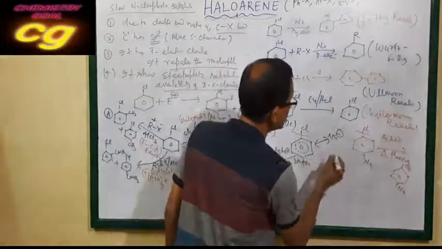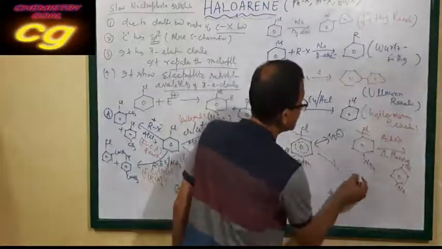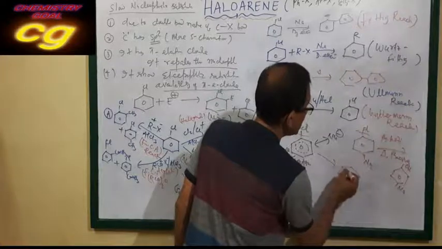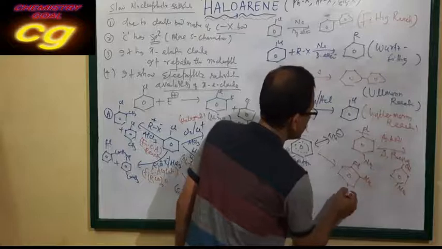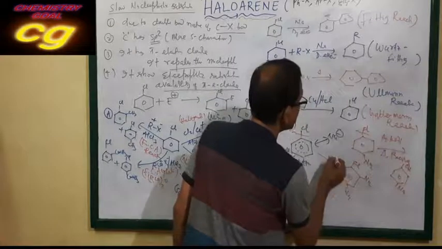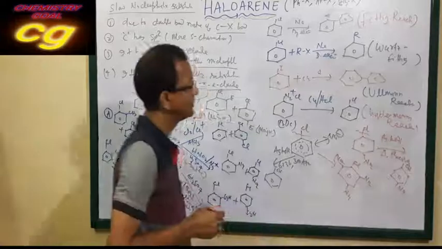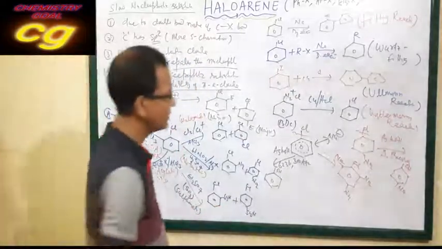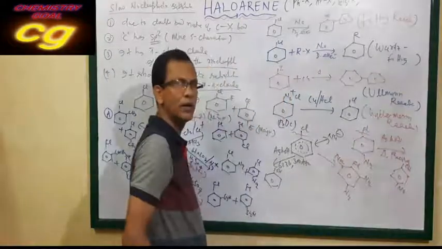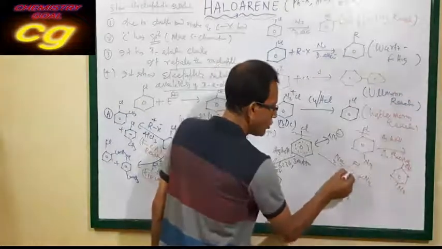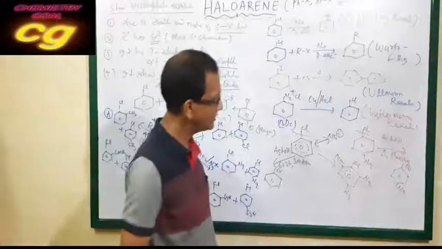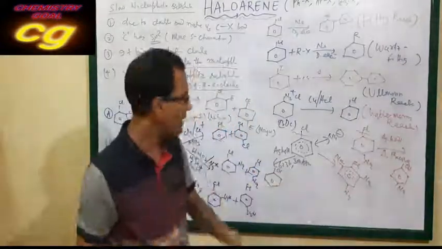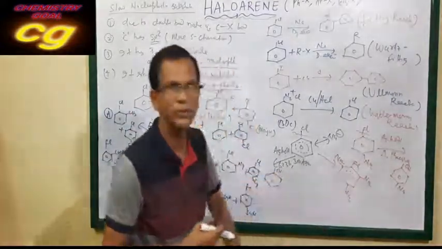When chlorobenzene undergoes repeated nitration, it will produce trinitrochlorobenzene. What happens? It withdraws the pi electron cloud towards the nitro groups. So the nitro group, an electron withdrawing group, removes the electron cloud from the benzene ring.